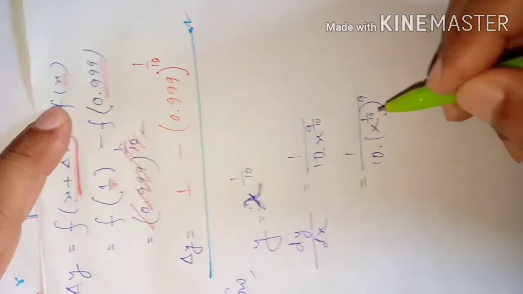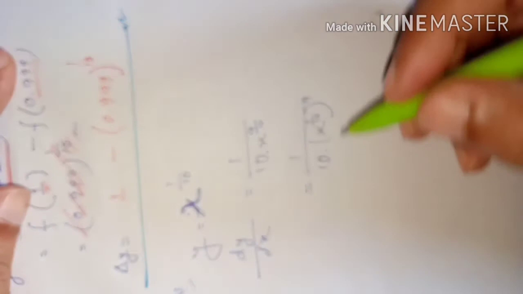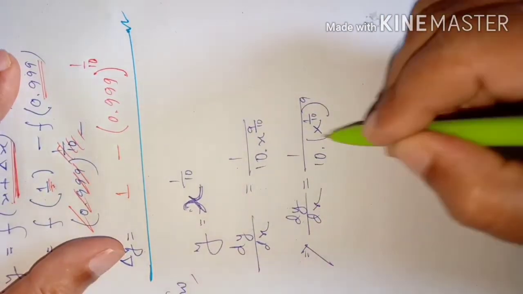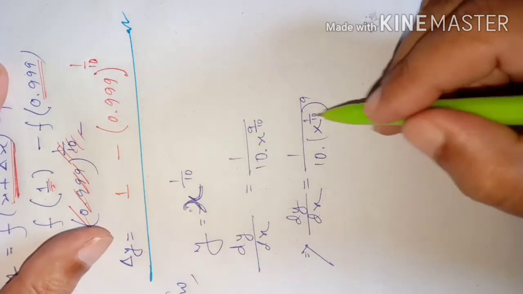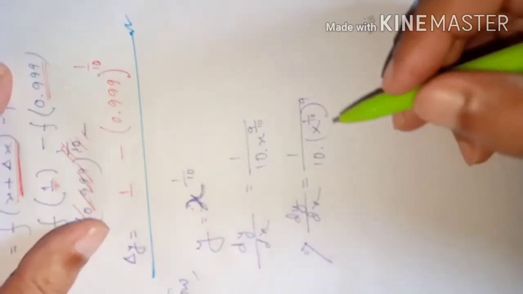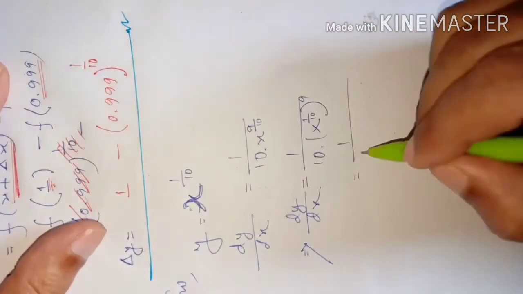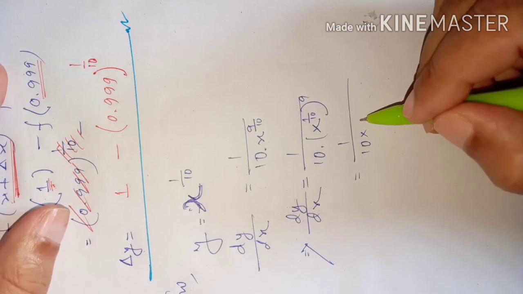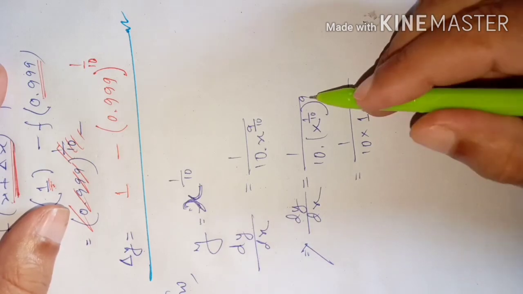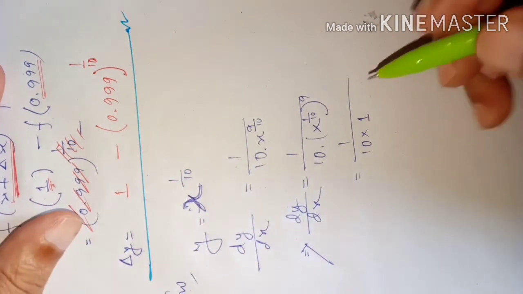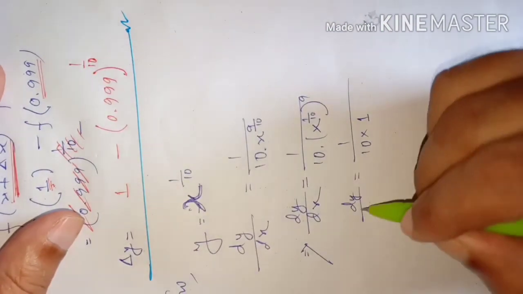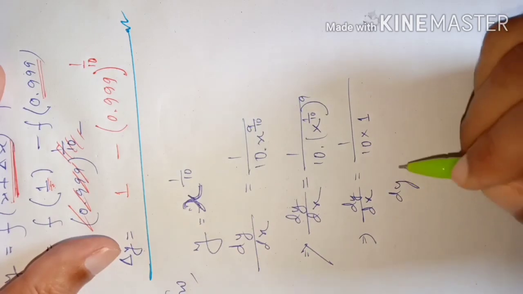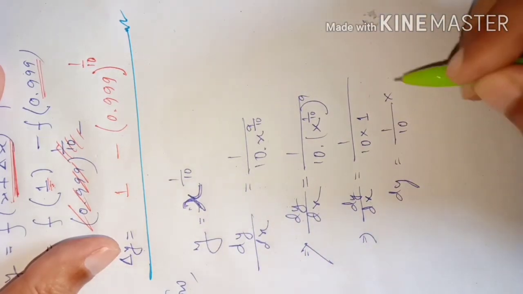We can put it like this because the value of x to the power of 1 by 10 we know. So dy by dx is equal to 1 by 10 into x to the power of 1 by 10 raised to the power of 9. x to the power of 1 by 10 is already calculated, it is equal to 1. 1 raised to the power of 9 will make it 1 only. So dy by dx is equal to 1 by 10. So dy is equal to 1 by 10 into dx.